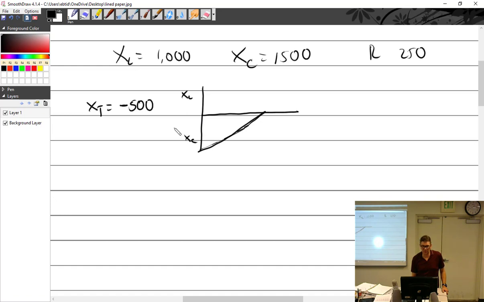So this number becomes -500, this is 250, and then Z becomes, if you remember, Z equals the square root of -500 squared plus 250 squared. I did it backwards, but that's going to get rid of the negative.